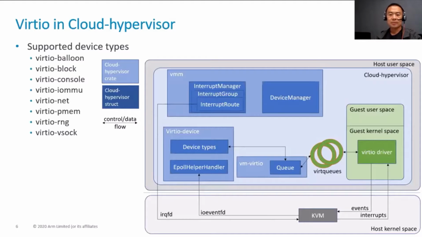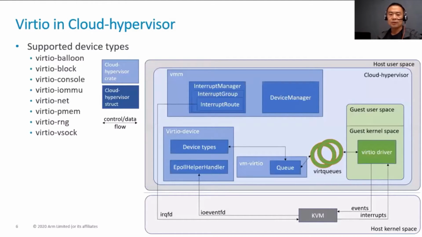This diagram depicts the workloads of VirtIO emulation in general in CloudHypervisor. VM VirtIO handles the core model of virtqueues. Various device types are emulated in the VirtIO device crate. In the VMM crate, the device manager manages all the devices.